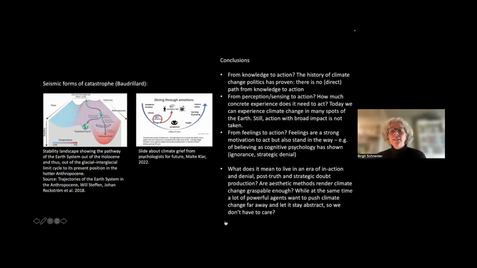I would say the ignorance and the strategic denial is so strong now that those who follow strategic climate change denial, climate science denial, are happy if it stays as abstract as possible, so we don't have to care. And with this, I would like to end, and I'm looking forward to the discussion.